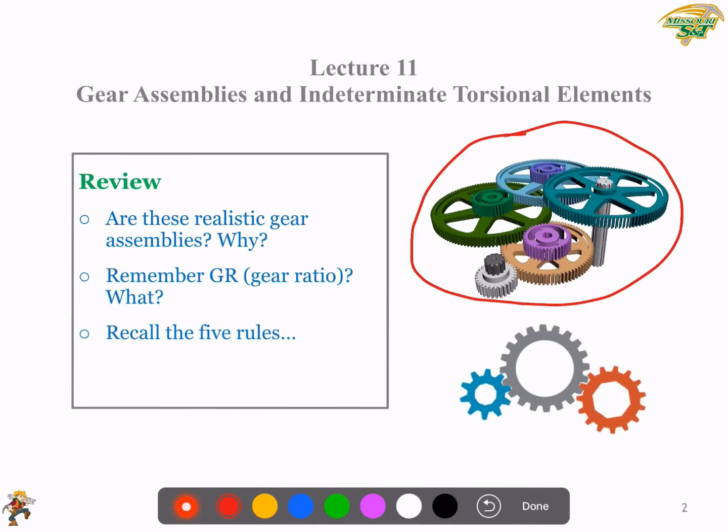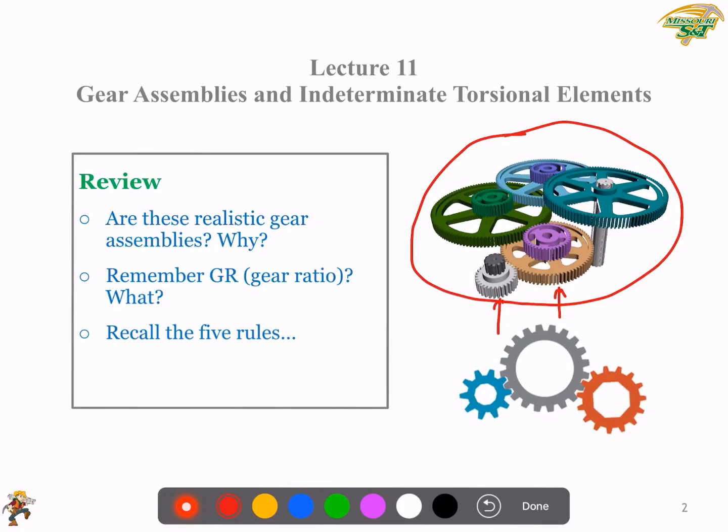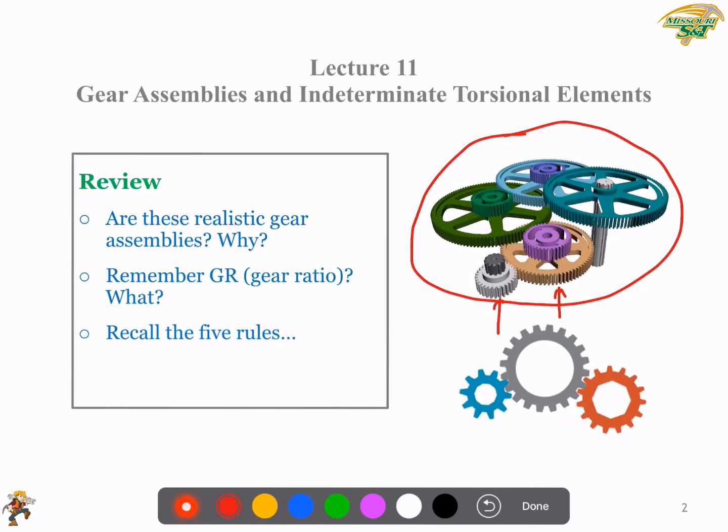Please look at the yellow gear and the light gray one. According to our rules, if you have a larger gear, as shown by this yellow one, and the light gray gear connected directly to each other, and the larger one is turning, the gray one, the smaller one, its angular velocity should be higher than the larger one.